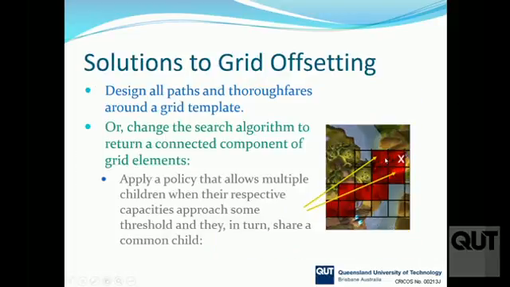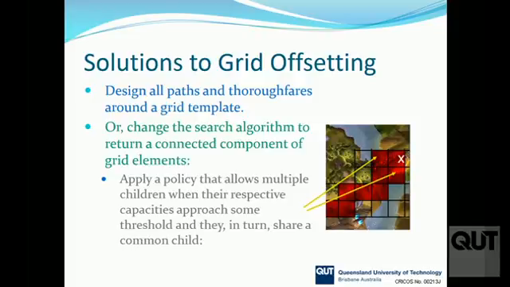Because we have this problem where we have the edges of the grid which is sitting directly upon the path. What we really want to do ideally is to either have all of the pathways lining up with the grid elements, or we want to have some way to evaluate both of those simultaneously. So there is a problem with this hierarchical approach.